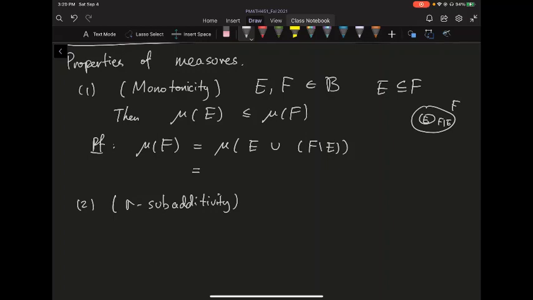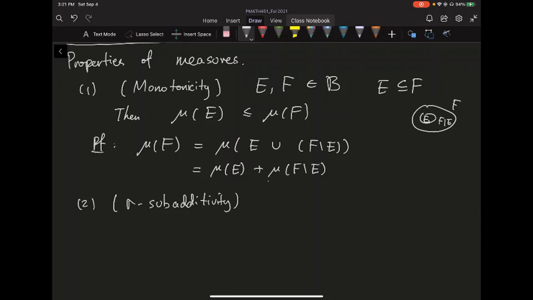So by the sigma additivity, we're really using just a finite two of them, this is the sum of the measures of these two, mu of E and mu of F take away E. And whatever mu of F take away E is, it is going to be non-negative because we're talking about positive measure right now.